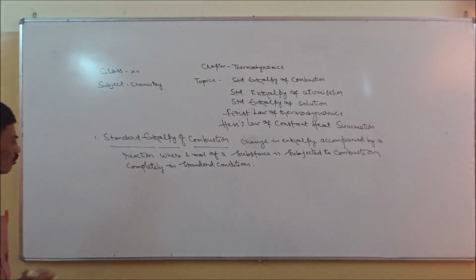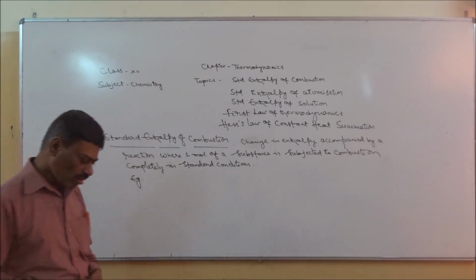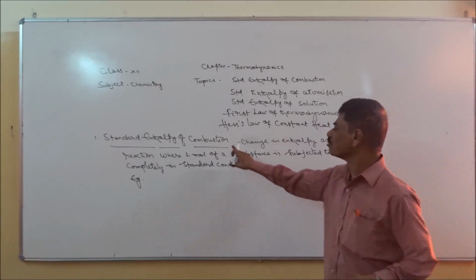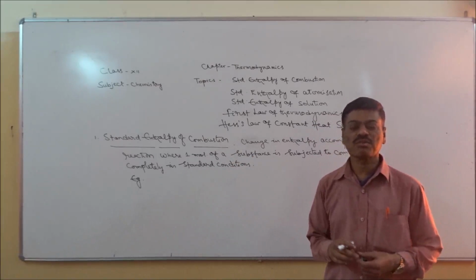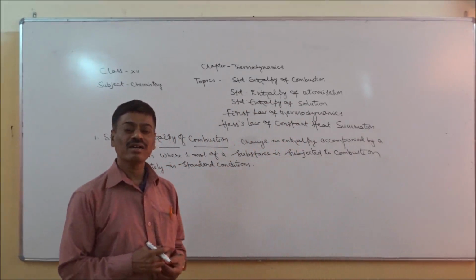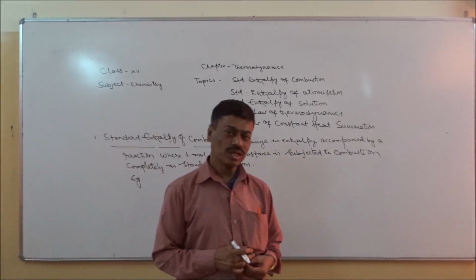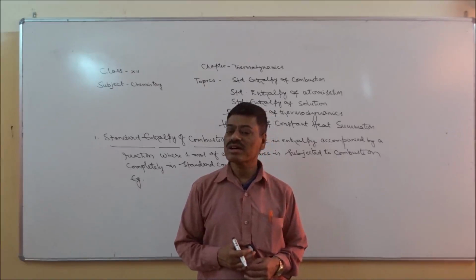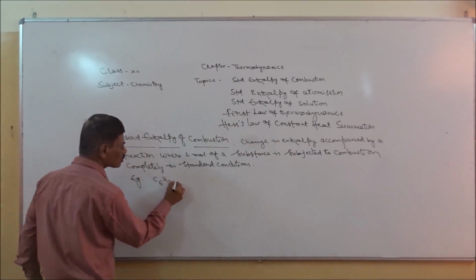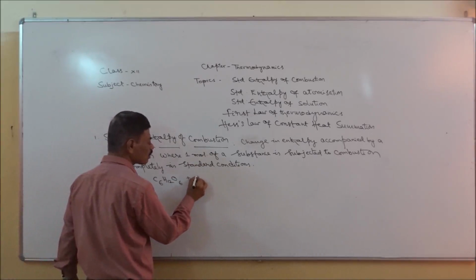Now, we will take one example wherein 1 mole of glucose is taken. And when it is subjected to combustion, means in presence of oxygen, because it is supporter of combustion, not burning, then we will get carbon dioxide, CO2, and H2O. And at the same time, 2802 kilojoules amount of energy is released. So glucose is C6H12O6, and this is subjected to burning.